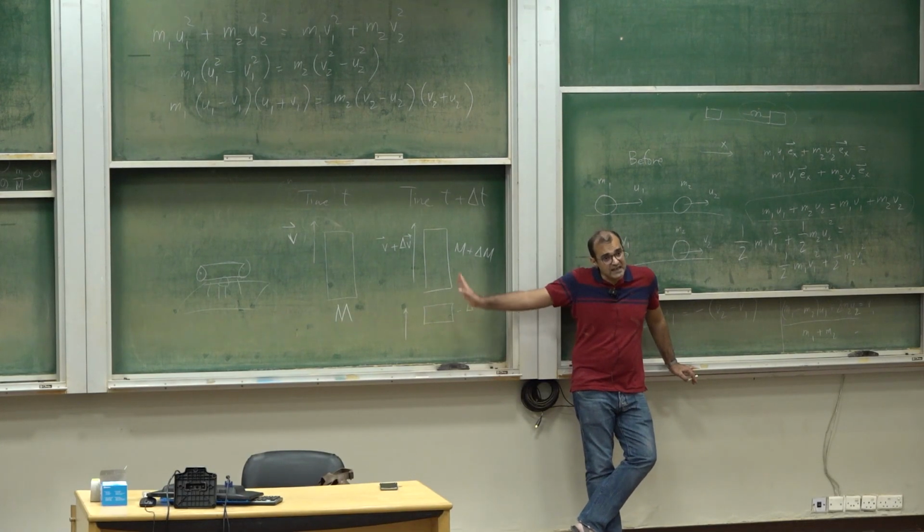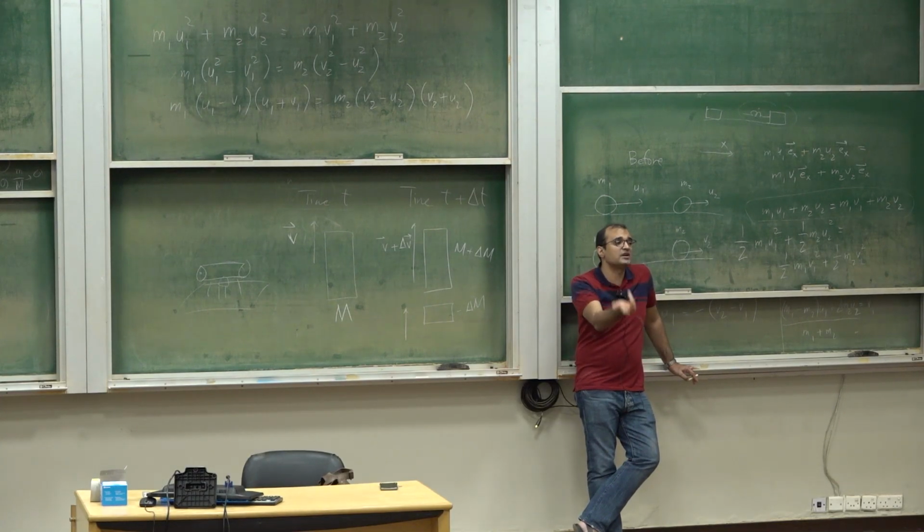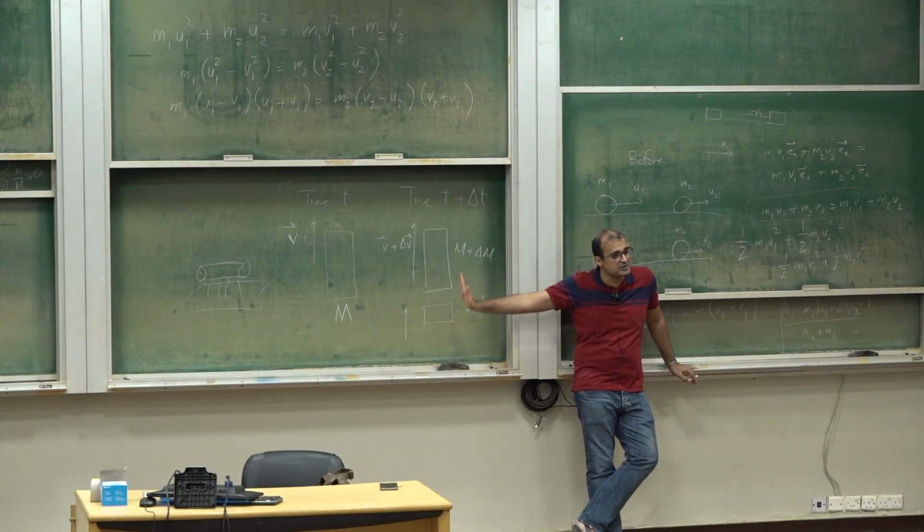What engineers can set is the speed of the exhaust gases with respect to the rocket. Just like what you can control at the gym is the speed of the ball with which you throw it with respect to the car. The speed with which you throw the ball with respect to the ground is dependent on the speed of the car. So the speed of the exhaust gases with respect to the ground depends on the speed of the rocket.